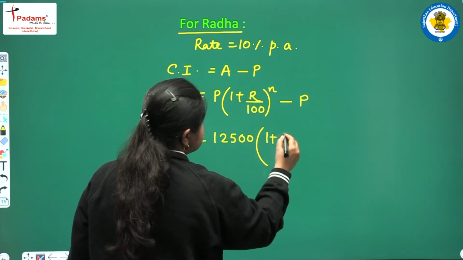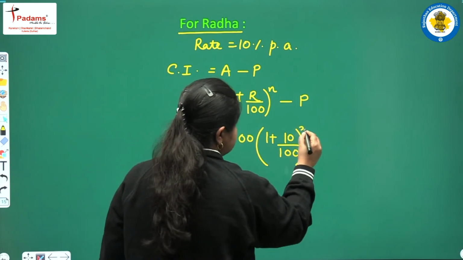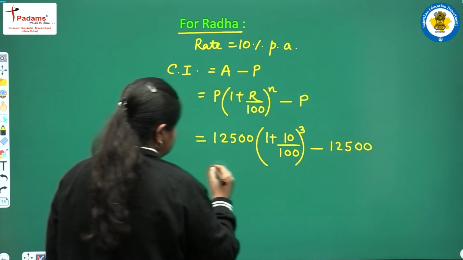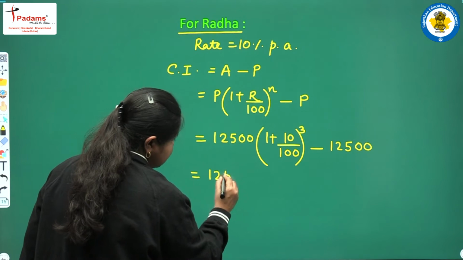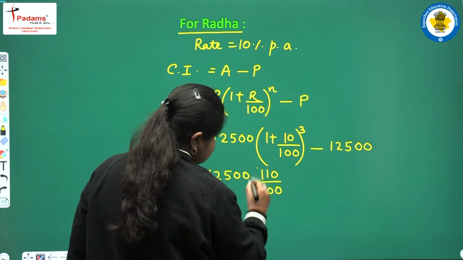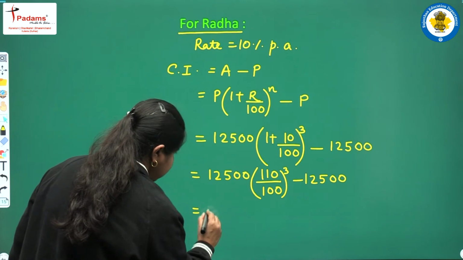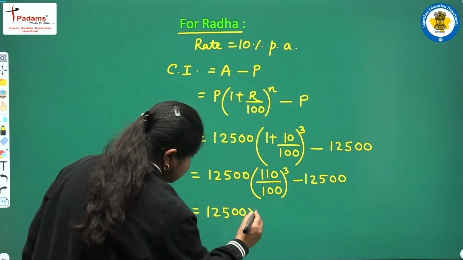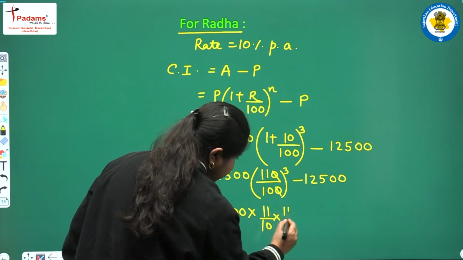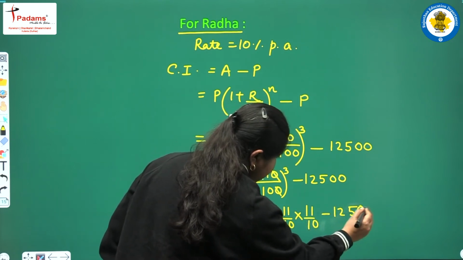1 plus, now the rate is 10% for Radha, upon 100, and the time here is again 3 years, minus 12,500. Now next this will be 12,500 into (110 upon 100) raised to power 3 minus 12,500. यहाँ से 12,500 into this 0 will be cancelled and we will have 11 by 10 into 11 by 10 into 11 by 10 minus 12,500.